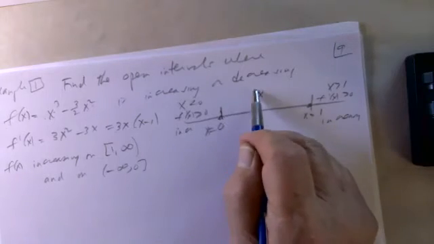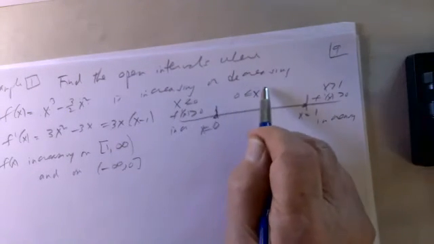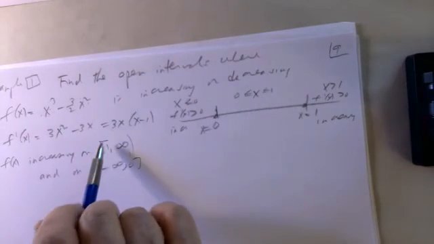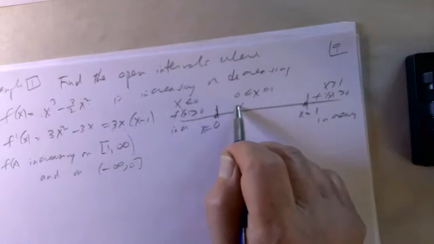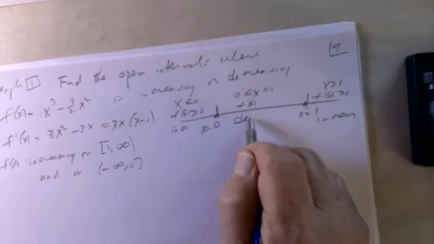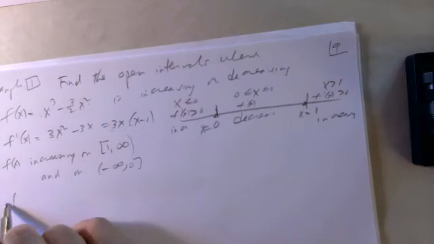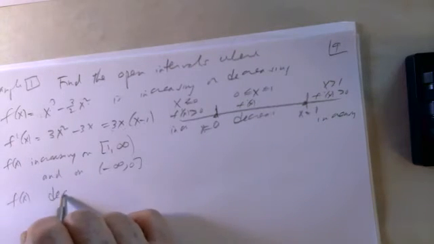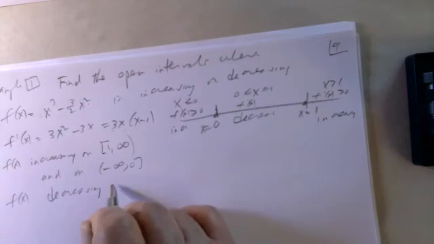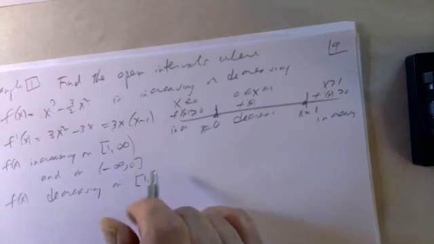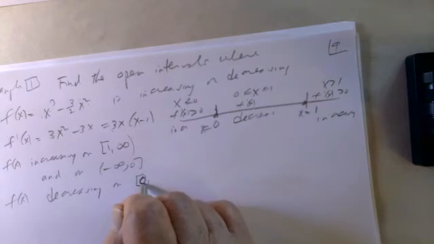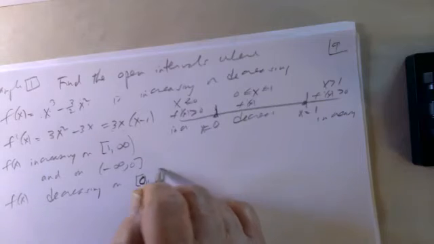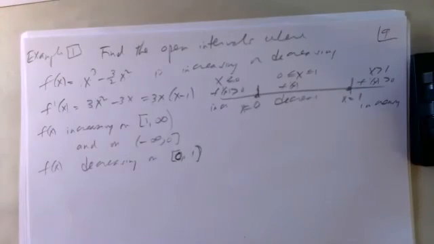But between 0 and 1, this is positive, but this is negative. So the derivative is negative, and the function is decreasing. So on the interval 0 to 1, the function is decreasing.